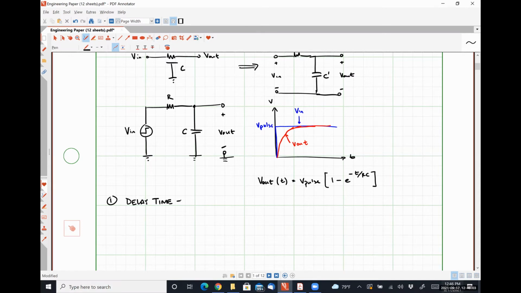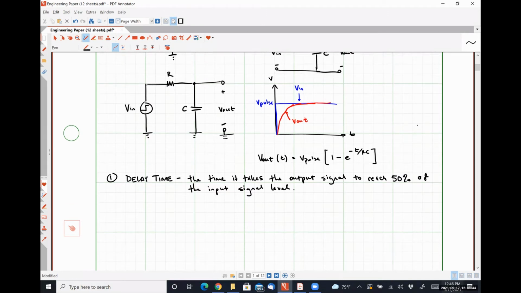So the delay time will be the time it takes the output signal to reach 50% of the input signal level.